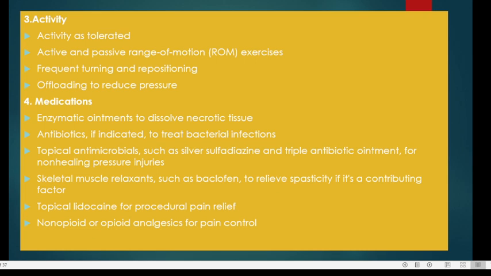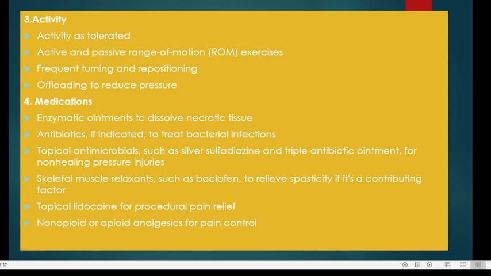The physician will also prescribe topical antimicrobials such as silver sulfadiazine and triple antibiotic ointment for non-healing pressure injuries. The physician may also prescribe skeletal muscle relaxants such as baclofen to relieve spasticity if it's a contributing factor.